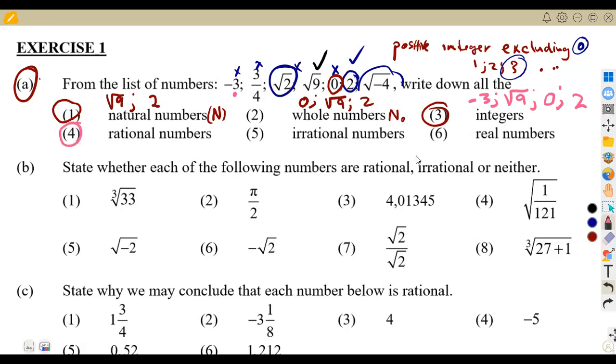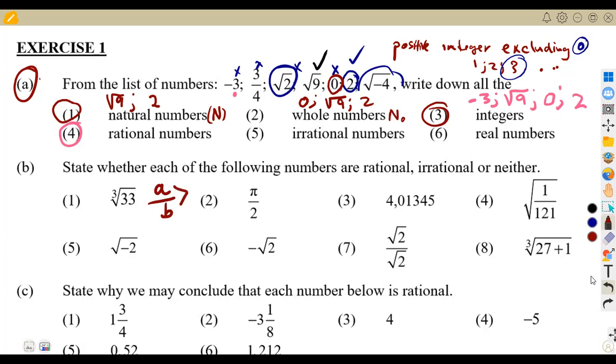Then we move on to number 4, which is the rational numbers this time. All right, the rational numbers, remember, if you are referring to the rational numbers, you are referring to those numbers that we can write as a ratio of 2 integers, a over b.